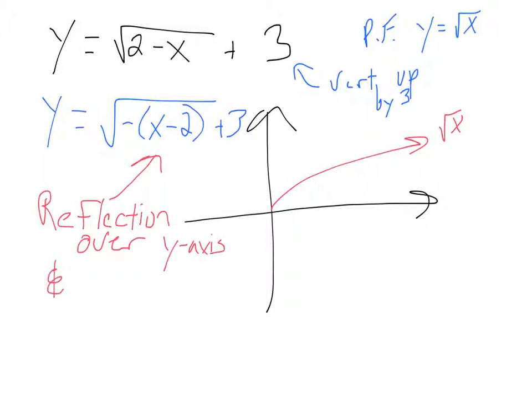And what else? To the right by 2. A horizontal translation, right by 2. So we have a vertical translation up by 3, we have a reflection over the y-axis, and we have a horizontal translation to the right by 2.